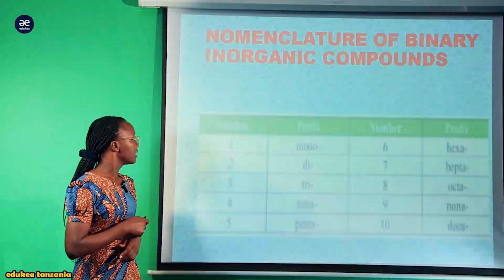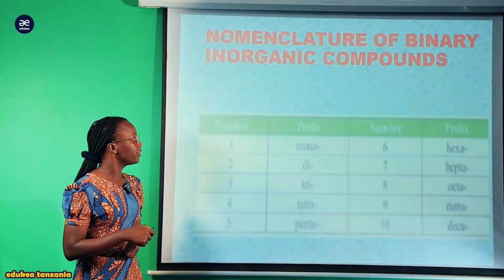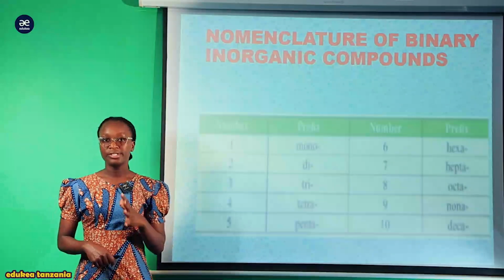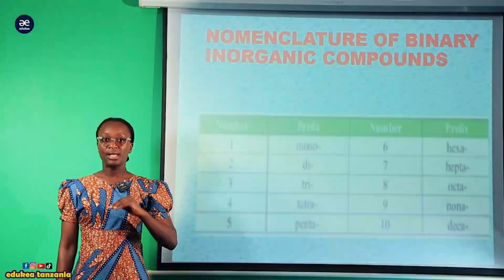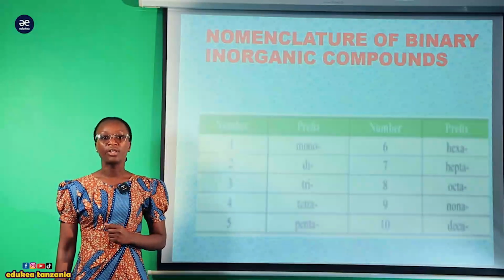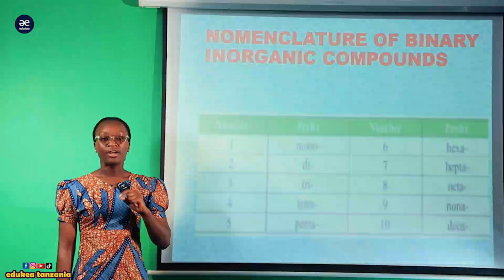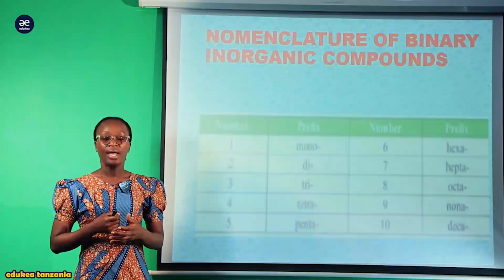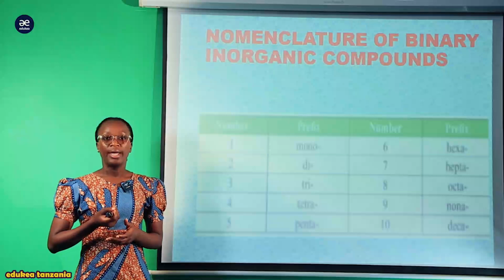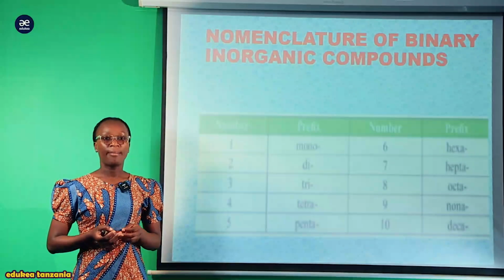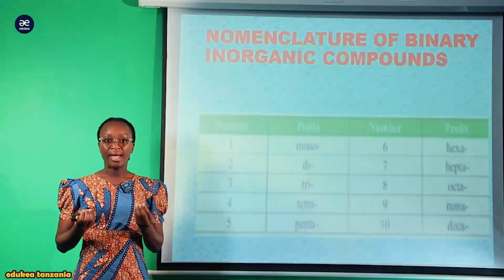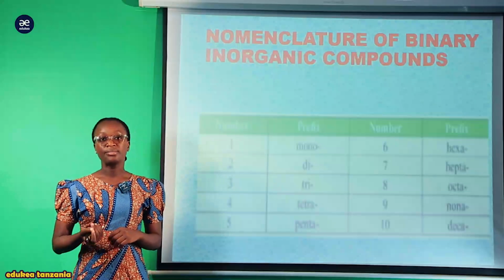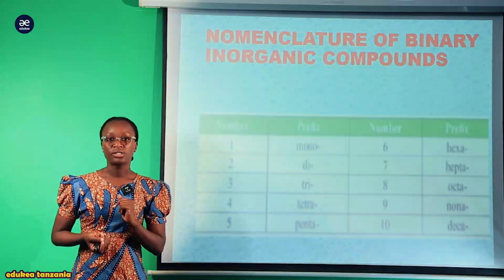Now you can see this is the number, this is the prefix. This is just a simple table which demonstrates these prefixes used in naming those covalent binary compounds. For instance, if you have 1, the element is made up of number 1, kwamba your elements combine to each other, lakini maybe you have 2 carbon at the same time, you have 1 oxygen.